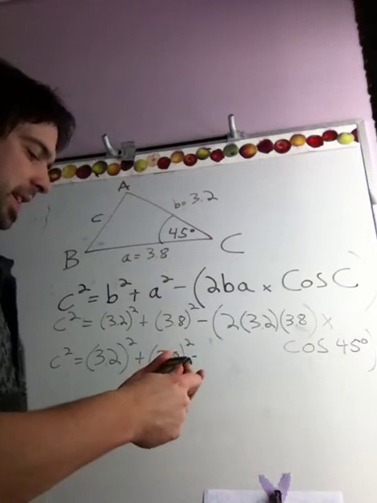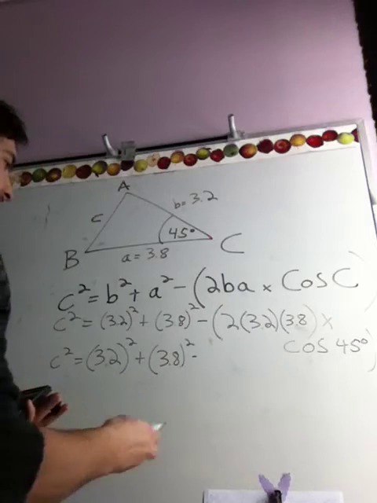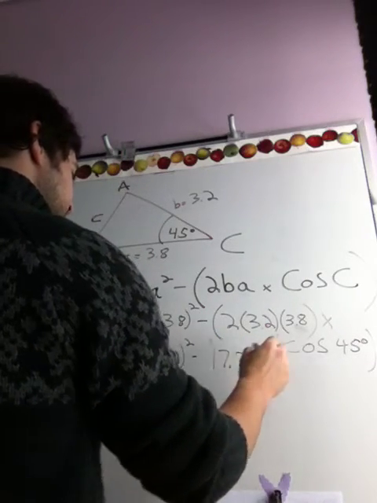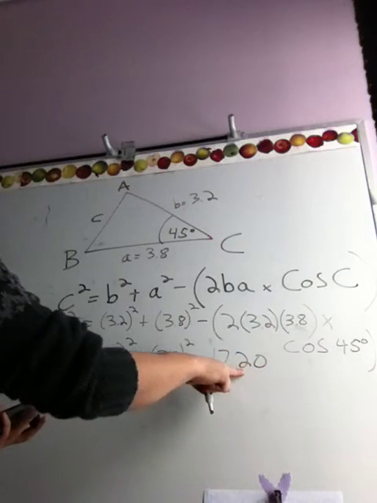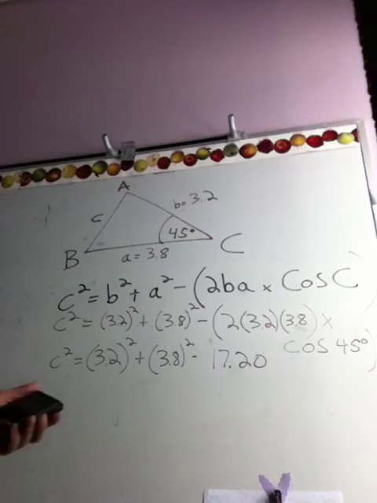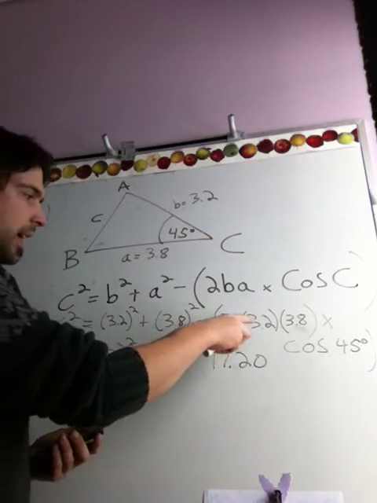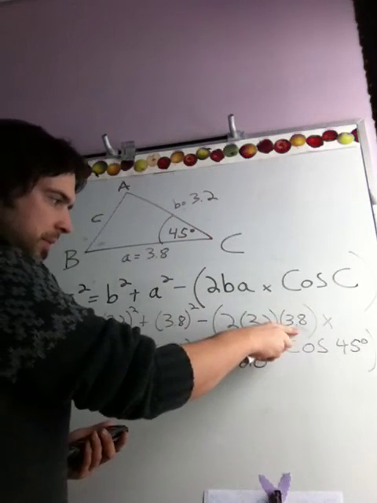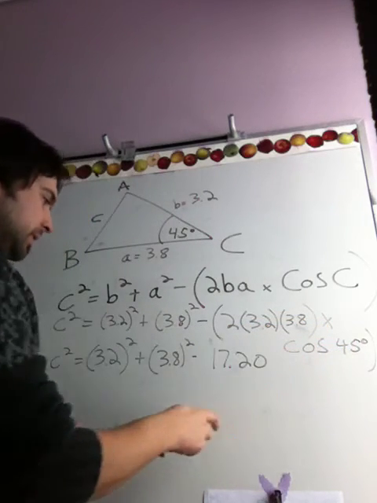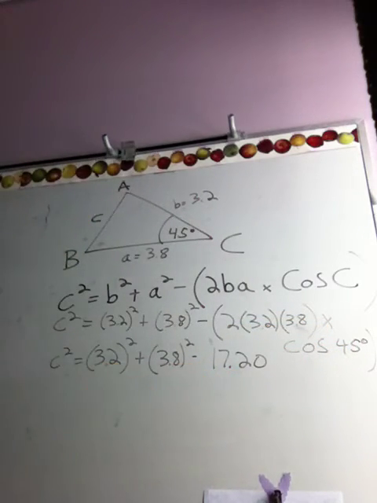You should get 17.20 when you round it to the hundredths decimal place. So again, it was 2 times 3.2 times 3.8 times 45 cosine equals. And that's what you'll get.